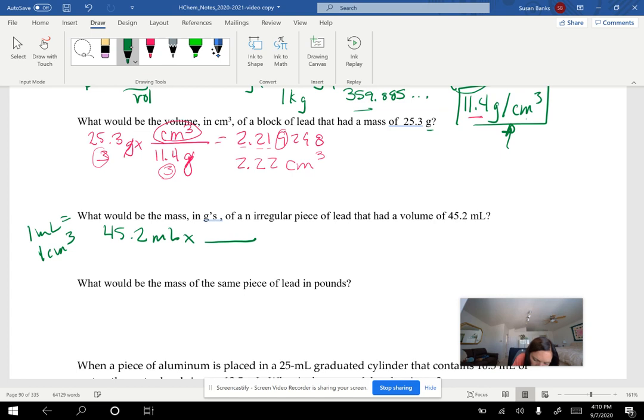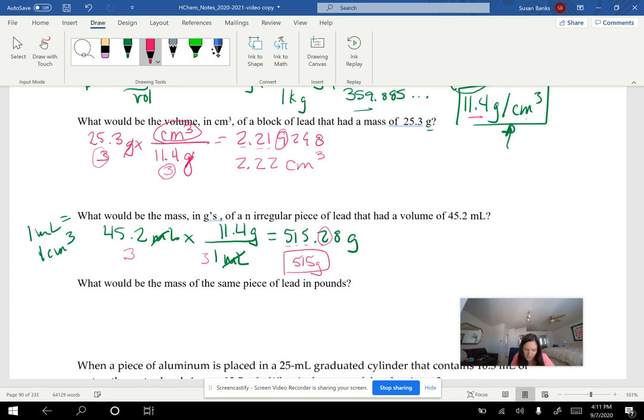So for 1 milliliter or 1 centimeter cubed, I have 11.4 grams. So my milliliters cancel. I'm going to take 45.2 and multiply it by 11.4. And this will give me 515.28 grams. Now let's look at our sig figs. I've got 3 here and I've got 3 here. So 1, 2, 3. That 2 tells me to just leave it. So I'm going to report this as 515 grams for that block of lead.